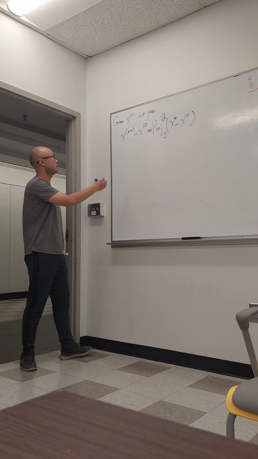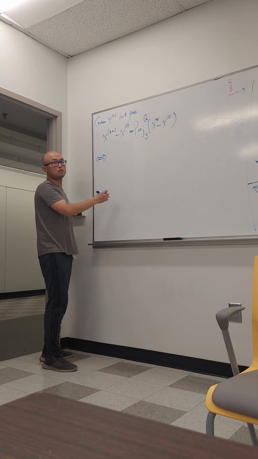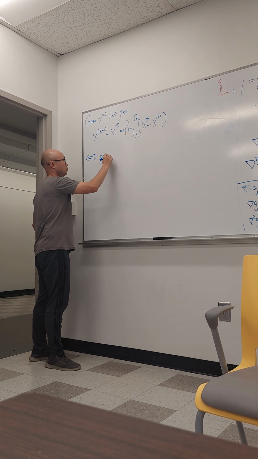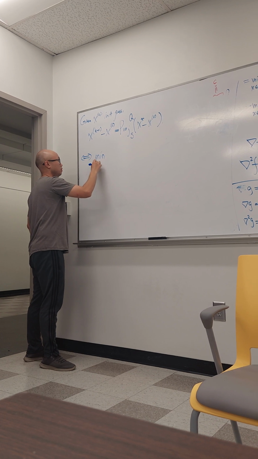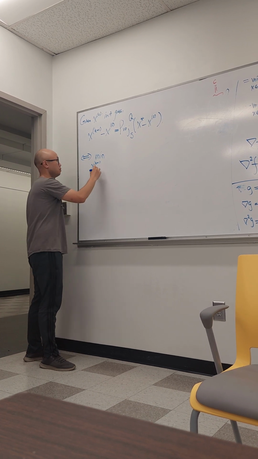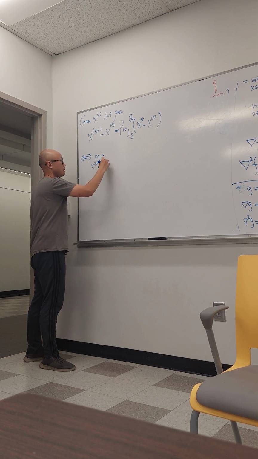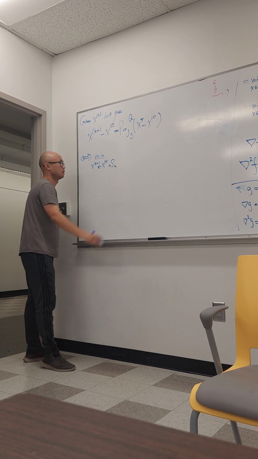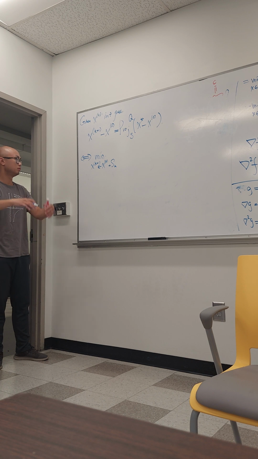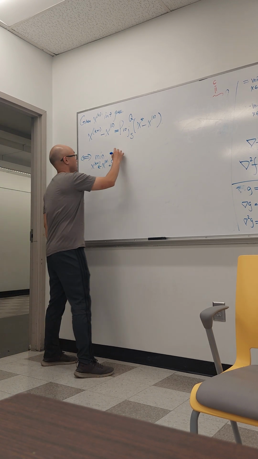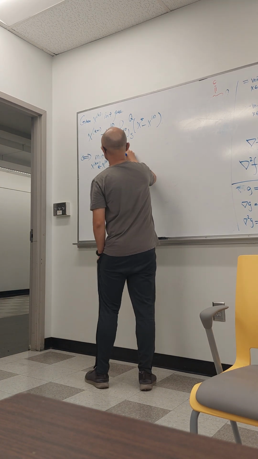If we do this, it's equivalent to finding the minimum of the norm of xk plus 1 minus x star, where xk plus 1 belongs to x0, the initial guess, plus a vector in this search subspace.